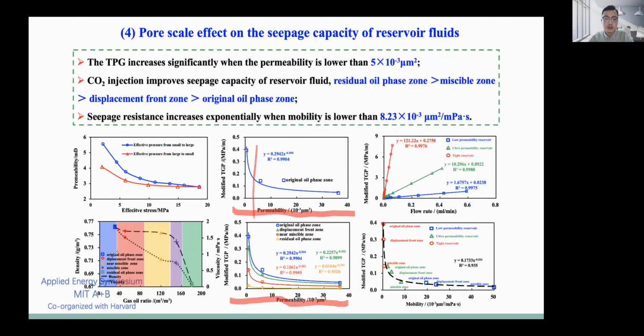Sorted by seepage capacity: residual oil phase zone, miscible zone, displacement zone, and the original oil phase zone. The seepage resistance increases especially when the mobility is lower than 8.23.